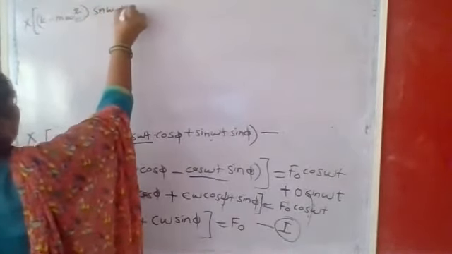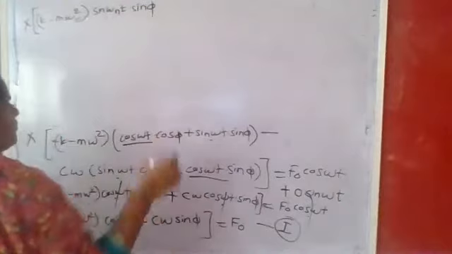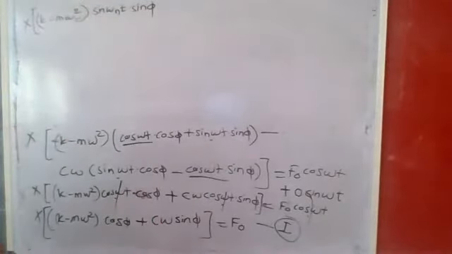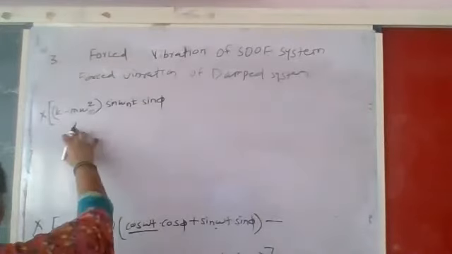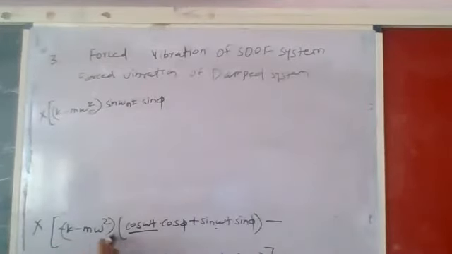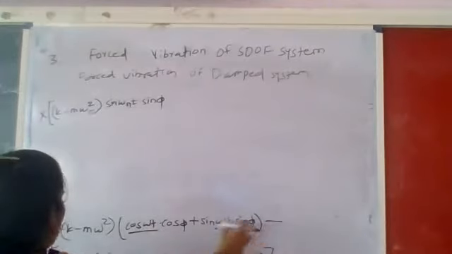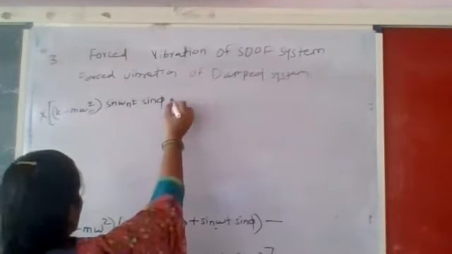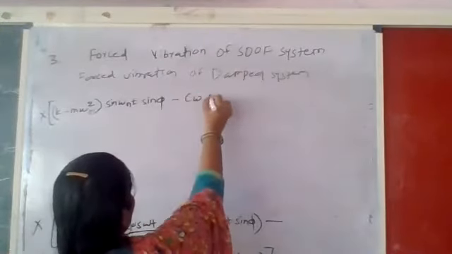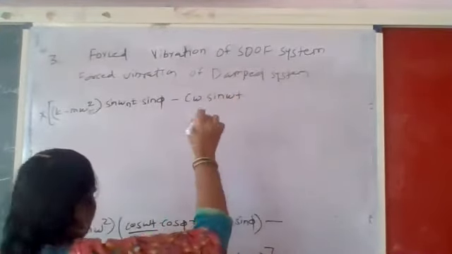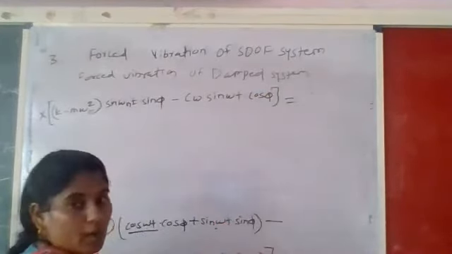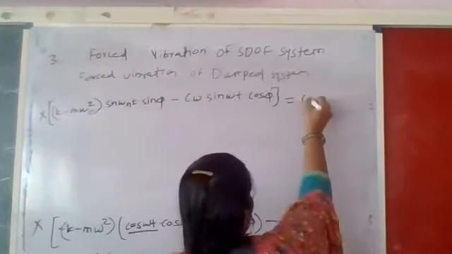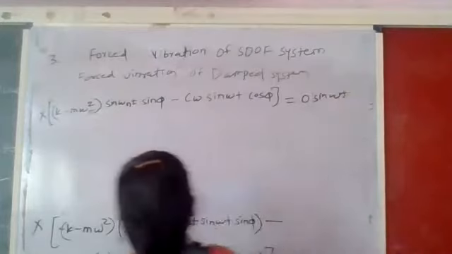Sin omega t into sin of phi, that is the first term. Again there is a remaining term. Which is the remaining term? From this equation the remaining term is k minus m omega square into sin omega t into sin phi minus, with respect to sin phi, c omega into sin of omega t into cos of phi, bracket complete, is equal to, comparing with respect to the sin term, 0 into sin of omega t.